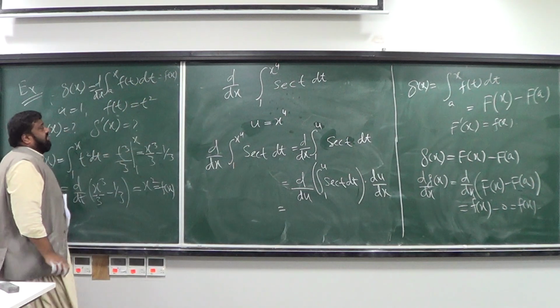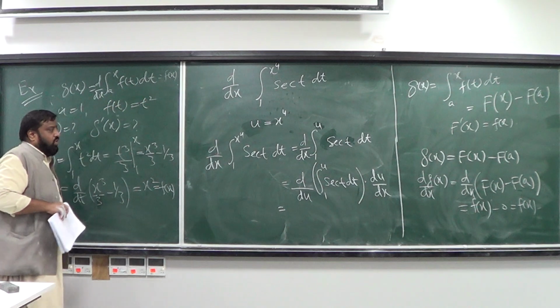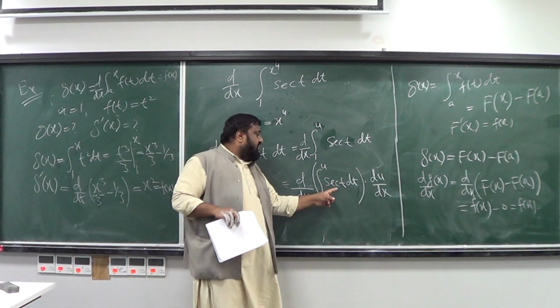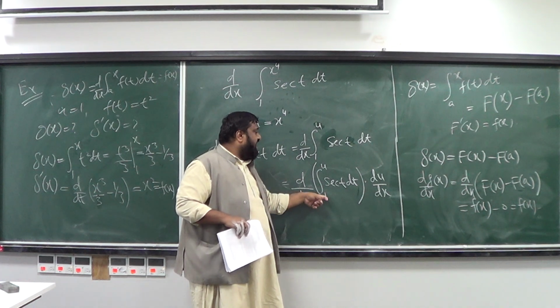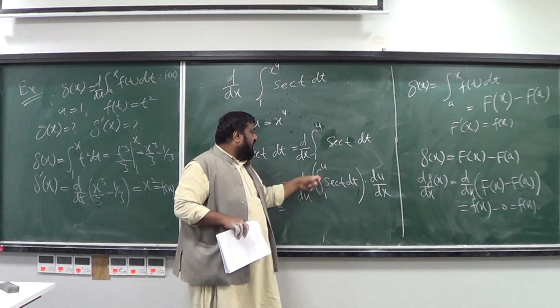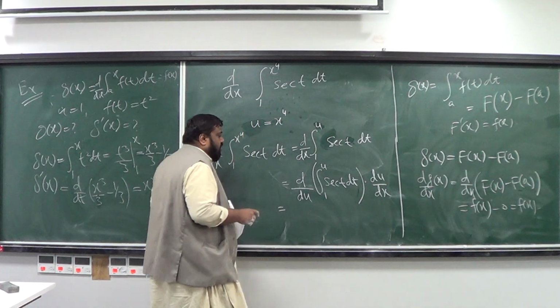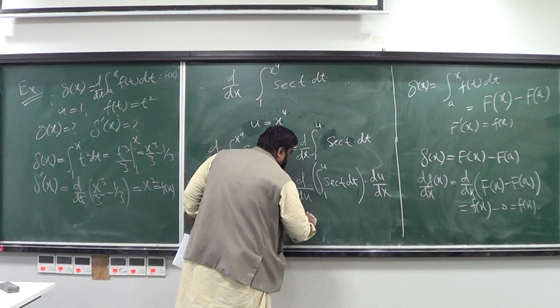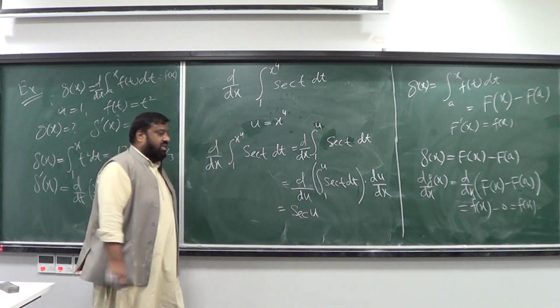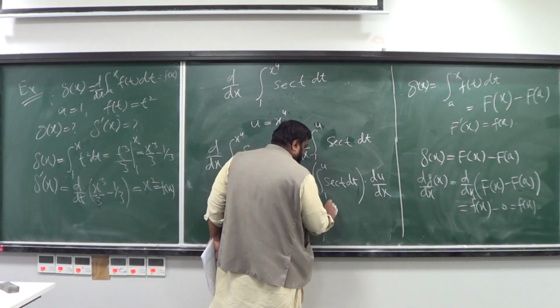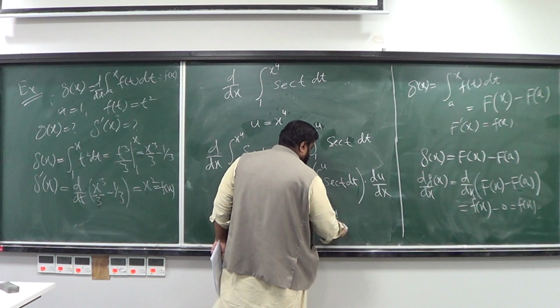The integrand would be the output. So if I have a function secant t and I'm differentiating the integral of this from 1 to u with respect to du, what should be the output? The output should be secant of the variable u multiplied by du by dx.